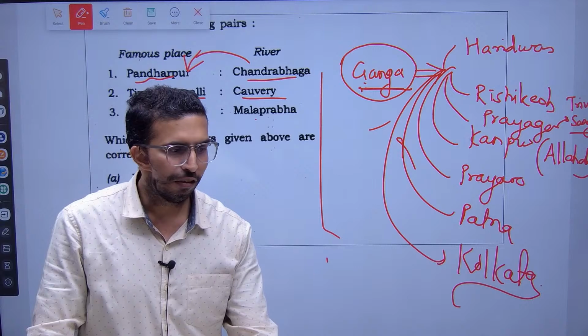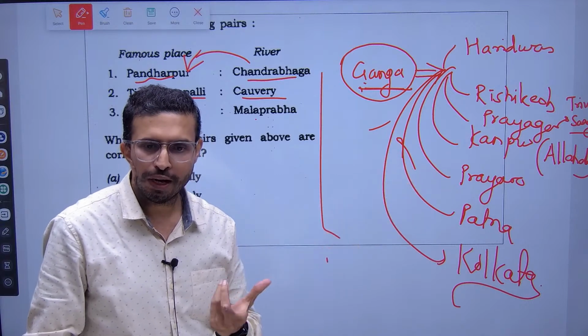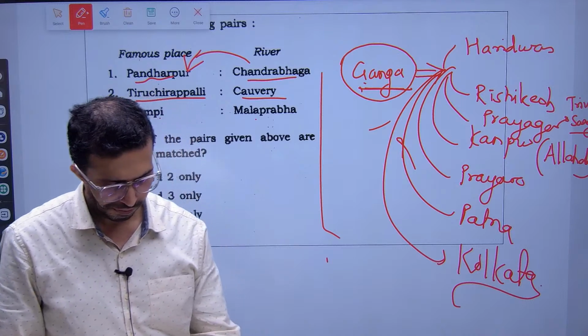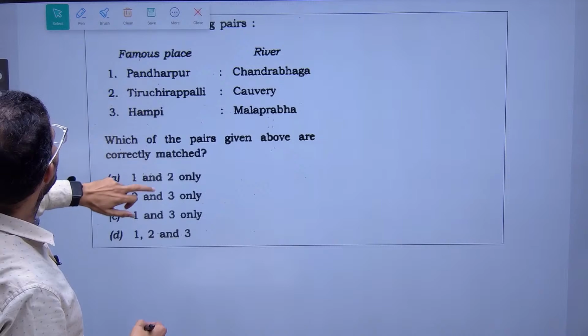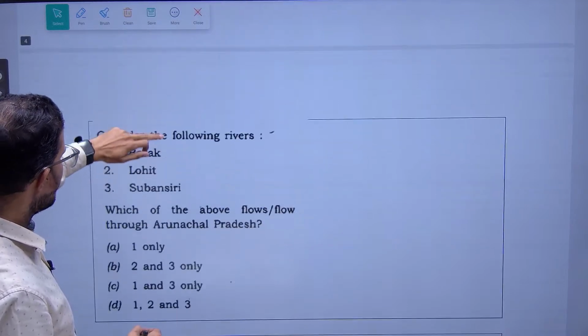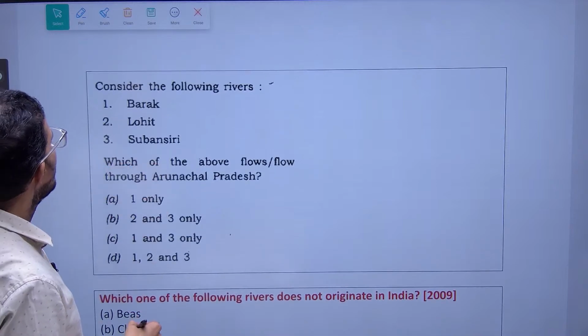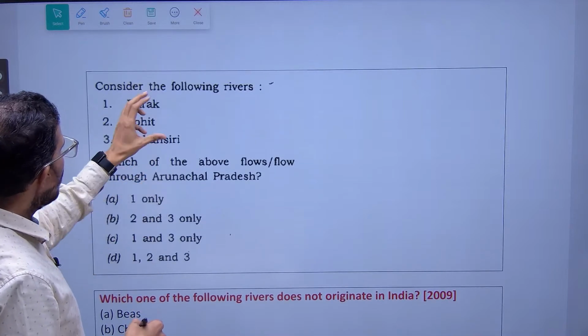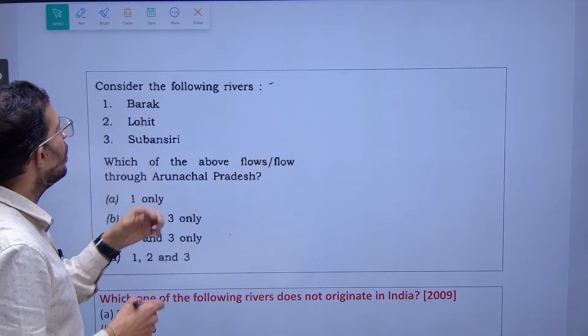Similarly, we can correlate this question with the other river systems, Brahmaputra, Godavari. The next question: which of the following rivers flows through Arunachal Pradesh?